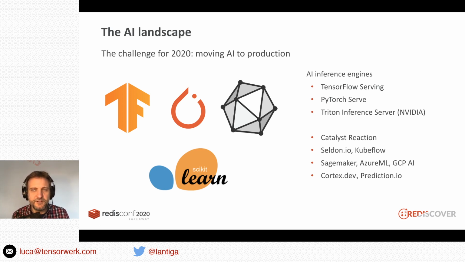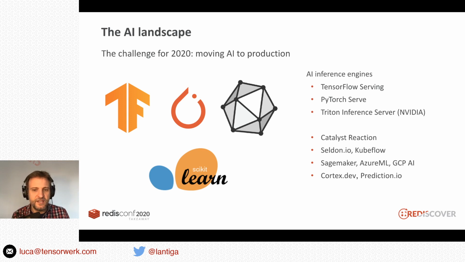So a number of AI inference engines have been proposed lately. TensorFlow Serving, I think, was one of the first offered in the market, and arguably the latest is PyTorch Serve, which was just announced a few weeks ago. And then NVIDIA is developing their own, called Triton Inference Server. And then we have a number of frameworks that give you the possibility to deploy into production, like Catalyst Reaction for PyTorch, or frameworks like Seldon or Kubeflow.